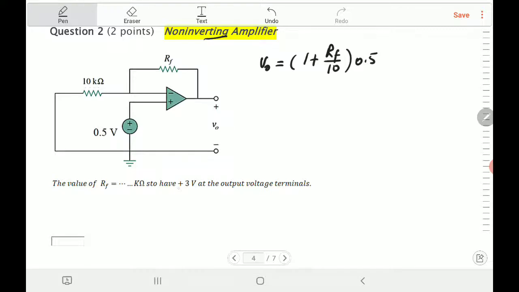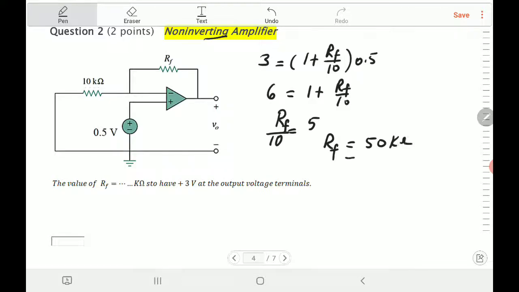They need the output voltage to equal 3 volts, so I just replace the output voltage by 3 volts. If you divide 3 by 0.5, you get 6. So 6 is equal to 1 plus RF over 10. So RF over 10 is equal to 6 minus 1, which is 5. So RF is equal to 5 times 10, which is 50 kilo ohm. It's a direct problem. Easy. It doesn't take, as you see, more than half a minute. If you just solve the homework, you solve the exam of the lecture, it'll be just a piece of cake.